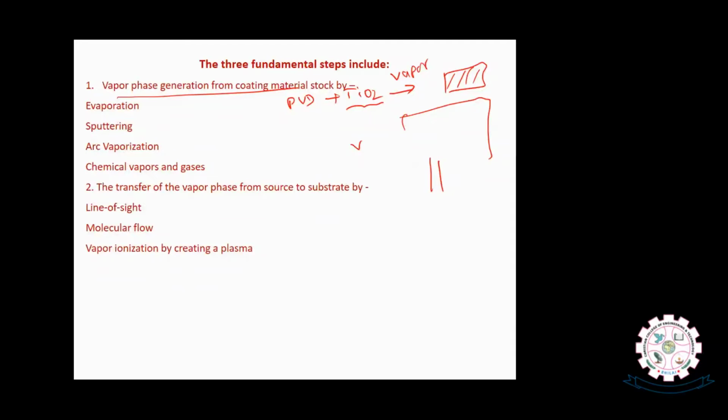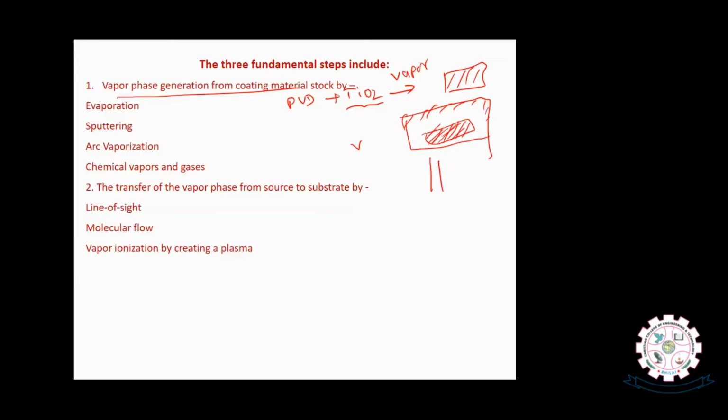That is what you need to remember. You may say that only onto the substrate they will deposit. No, they may deposit onto the container walls also. But still, the major deposition occurs here, because if you study the kinetics of it, you will be able to get it clearly.